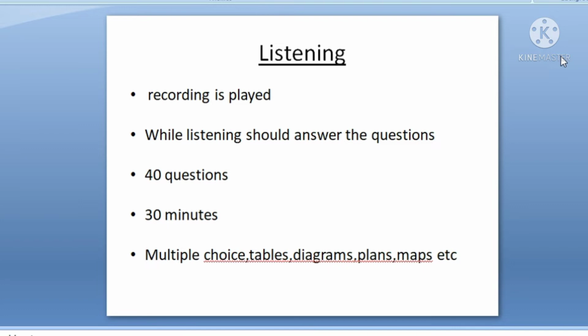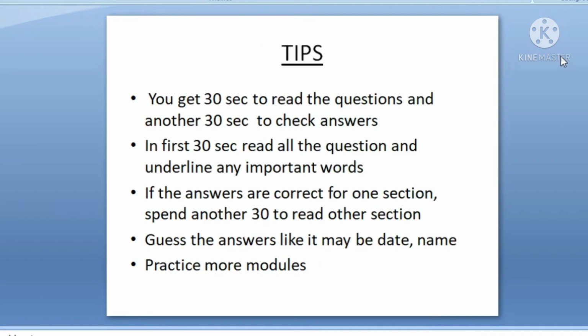In listening test, you will be given 40 questions and you should write all the 40 questions in 30 minutes. There will be no negative marks, so everyone should write all the questions whether you know the answers or not. Here are some of the tips to get high score in the listening module.